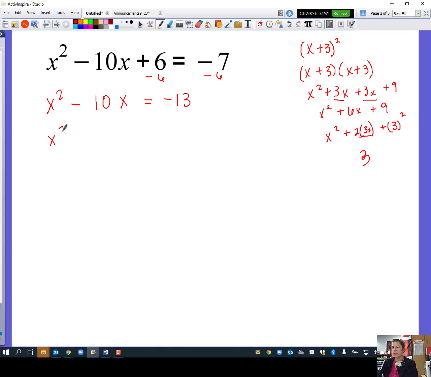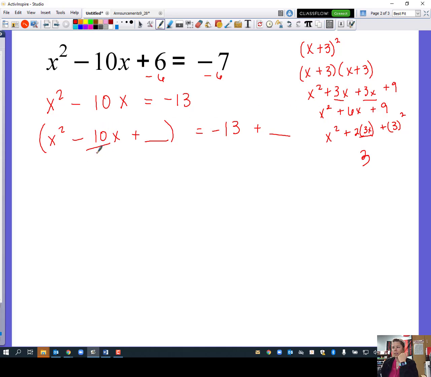So we have x squared minus 10x plus something is equal to negative 13 plus something. This something is going to be the same on either side to keep my equation balanced. Instead of 10, because 10 is 2 pieces of the same thing, this is 5.